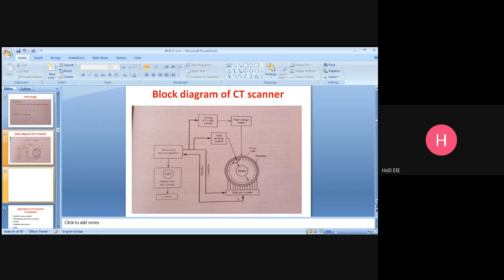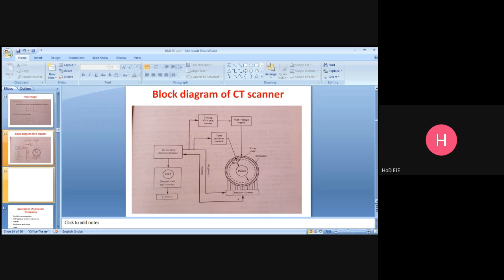The controlling voltage is in the range of kilovolts, and the x-ray beam current is in the range of milliamps. The entire thing you are controlling through the control bus. They are connected to the control bus of your dedicated computer. Then you have one high voltage DC power supply that drives your X-ray tube.